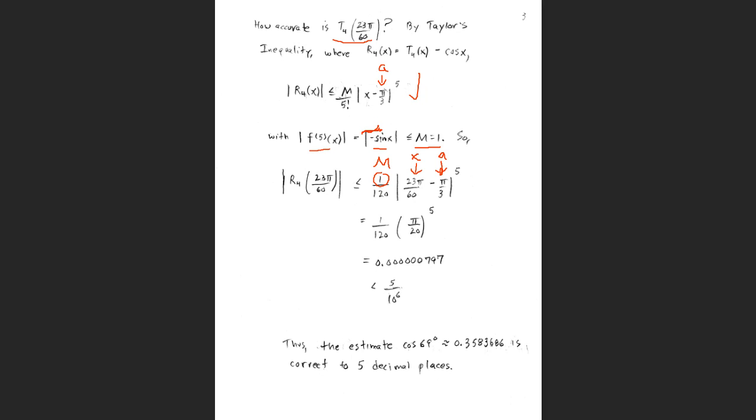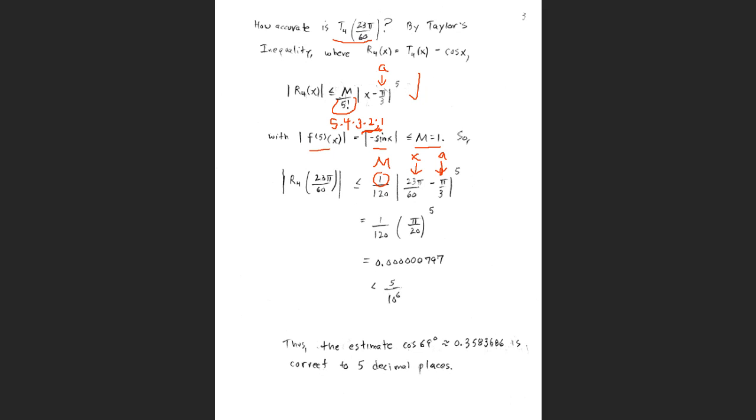And the 5 factorial, of course, is 120. Because 5 factorial is 5 times 4 times 3 times 2 times 1. That's 120.